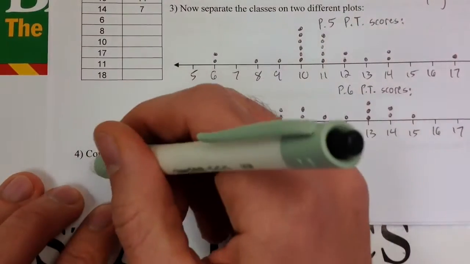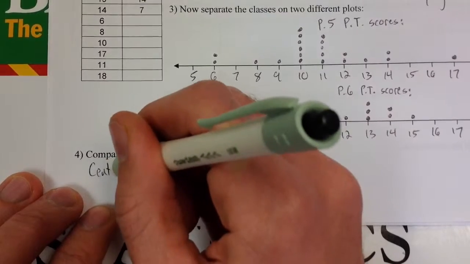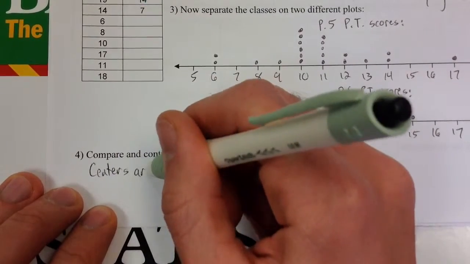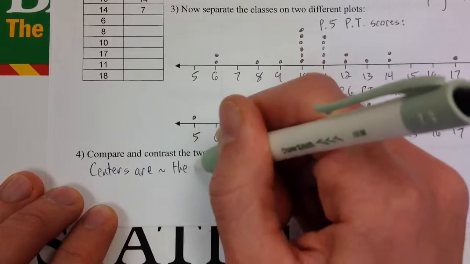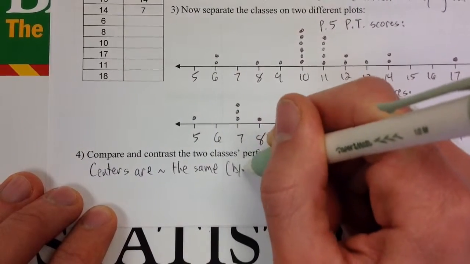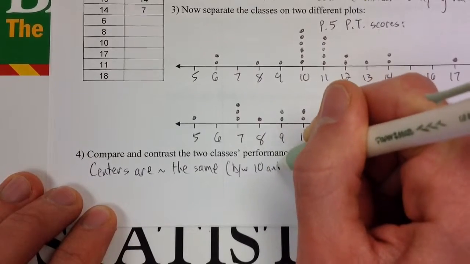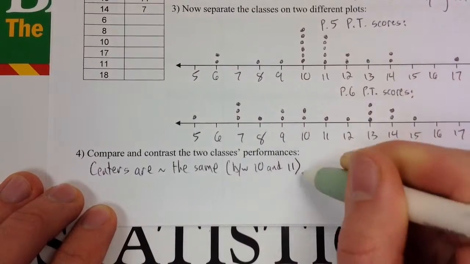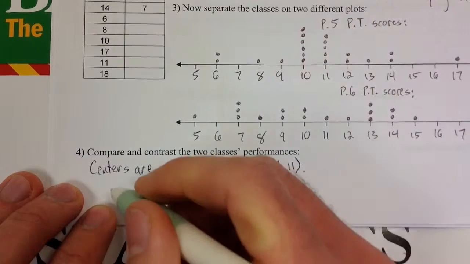So we'll say centers are about the same, between 10 and 11. So overall the classes did roughly the same.